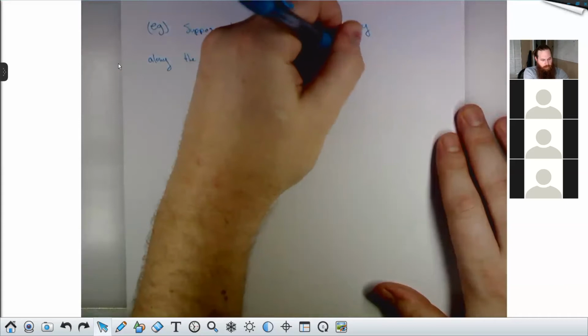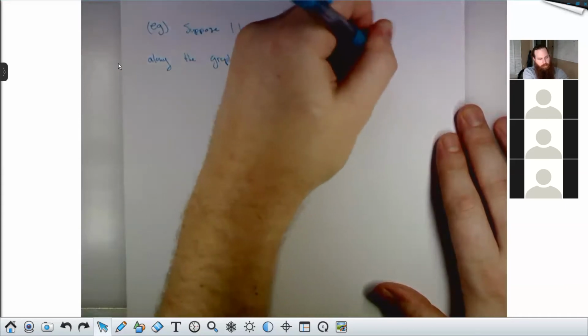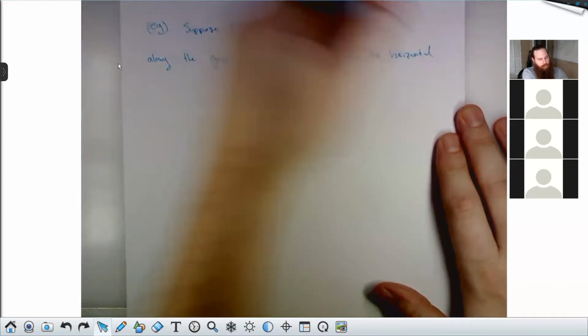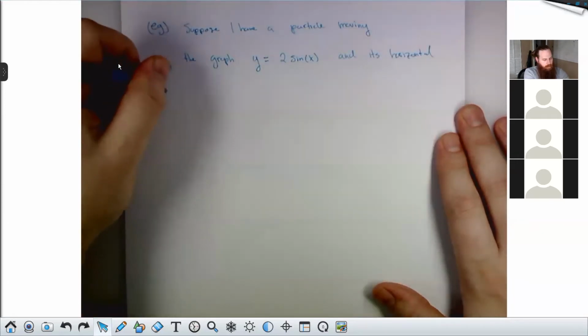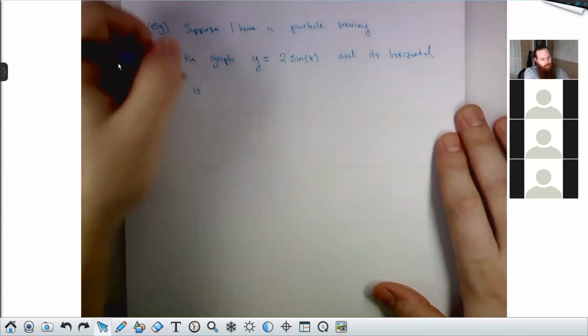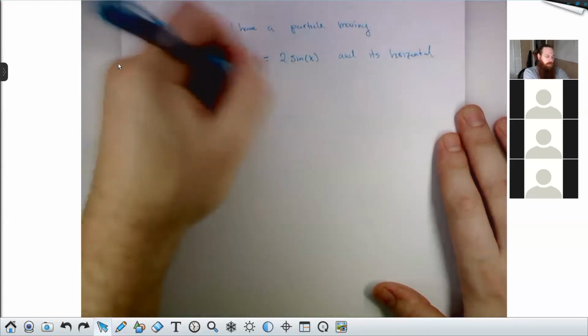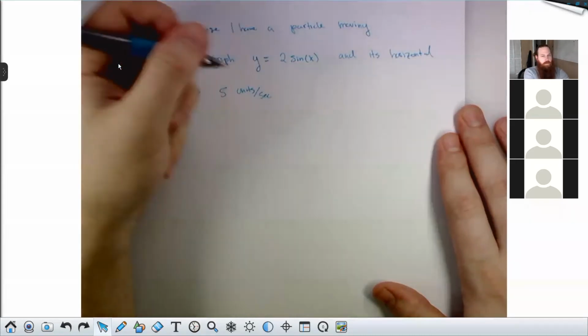And its horizontal speed is 5 units per second.